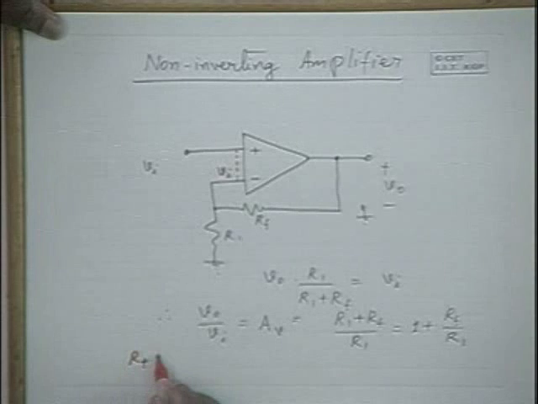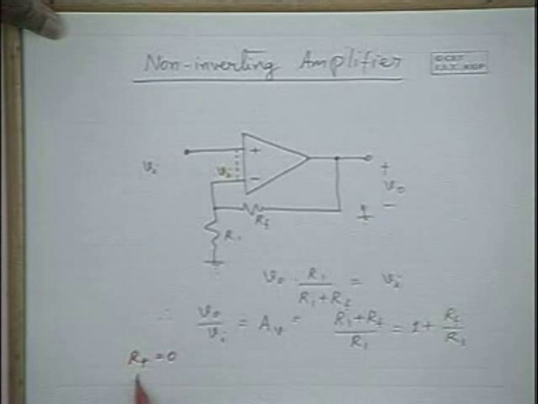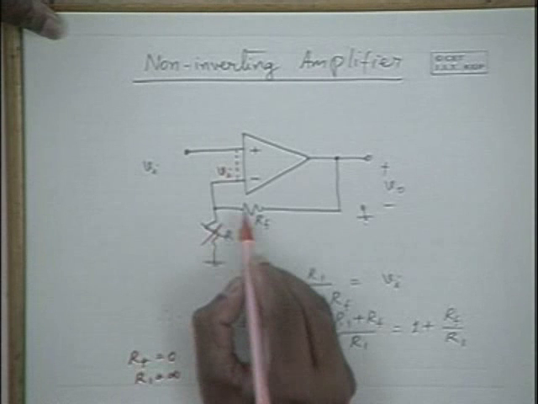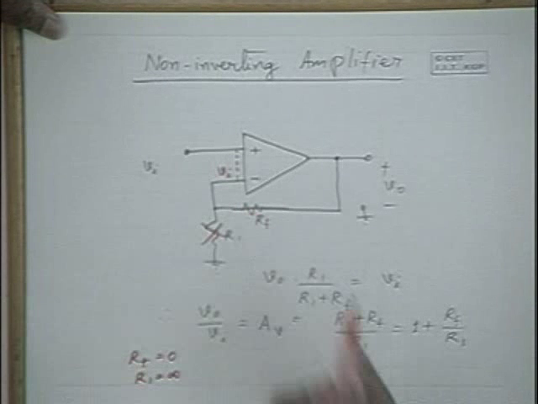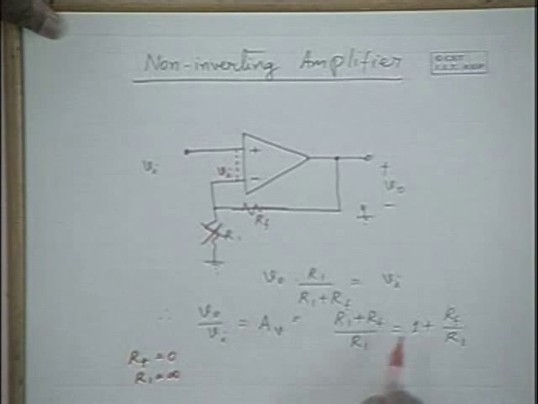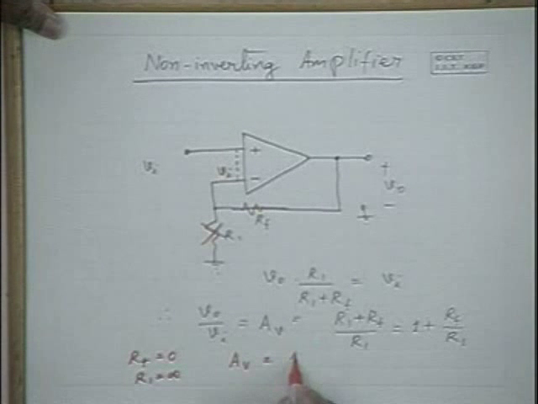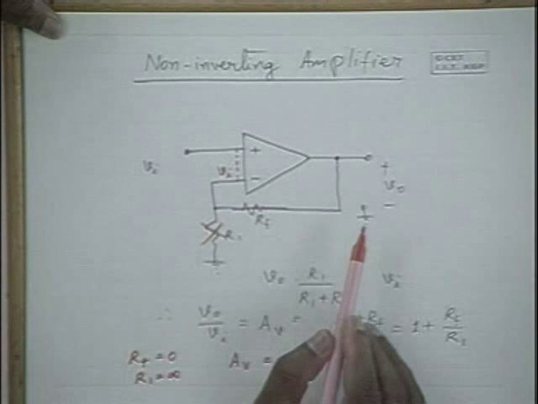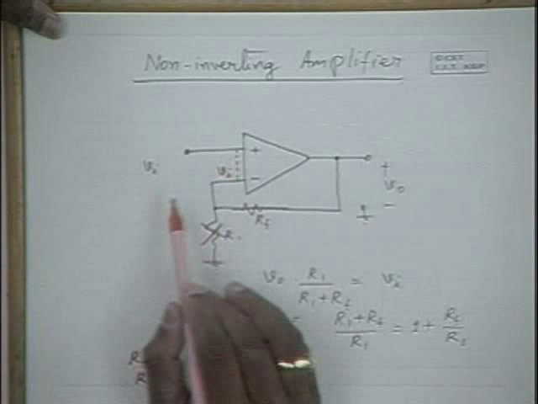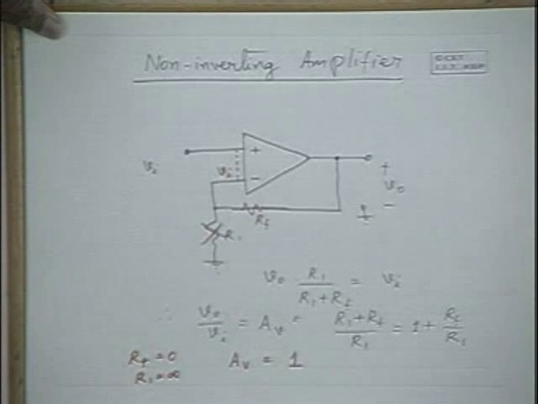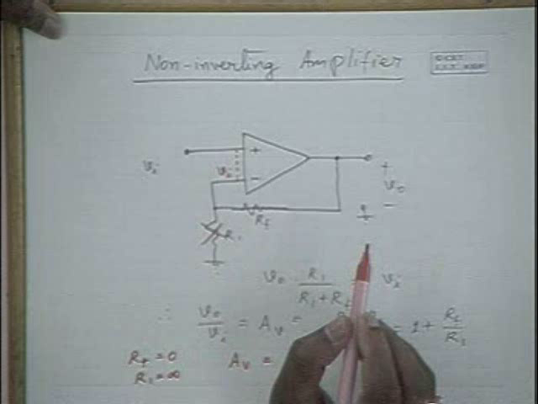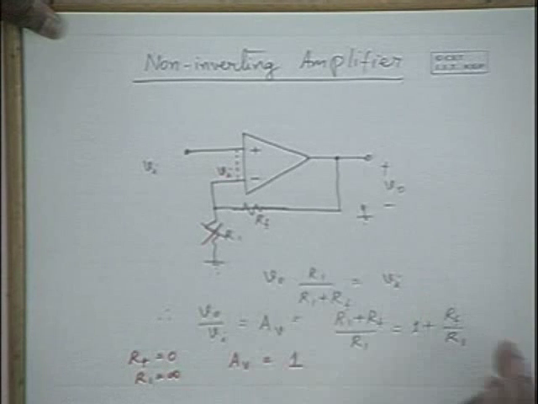When Rf is 0 and R1 is just open circuited, no R1, and if this is a short circuit, we find that AV is equal to 1. It is a voltage follower, and output voltage is equal to input voltage, and the gain is equal to unity. And this is directly shorted to the input.